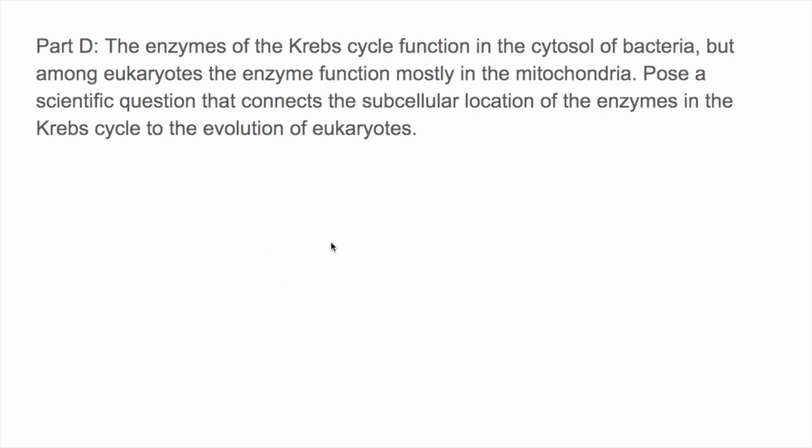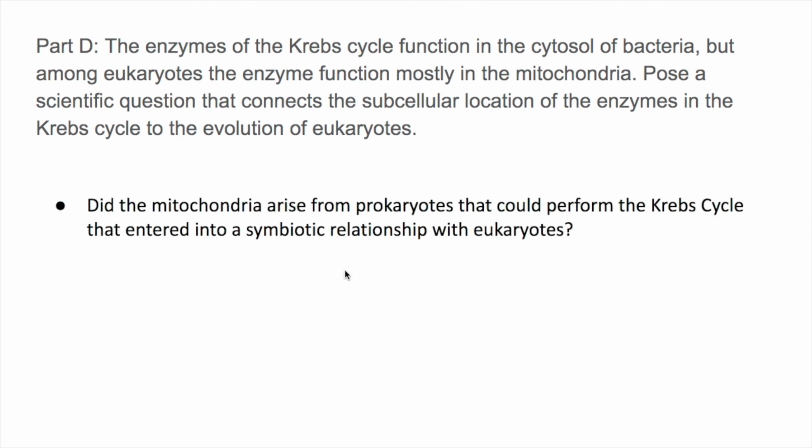That is, they were living inside of them, and this was beneficial for both the prokaryote and the eukaryote hosts. And this is the basis of what is called the endosymbiotic theory.